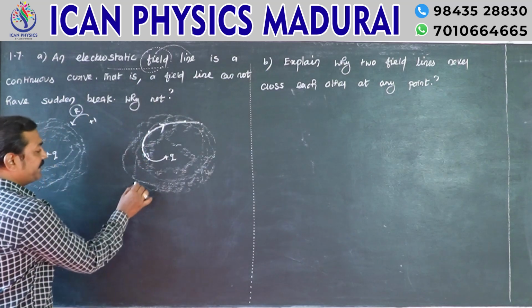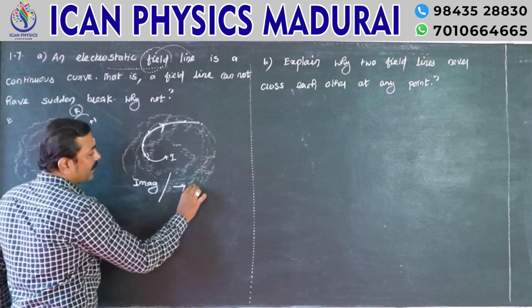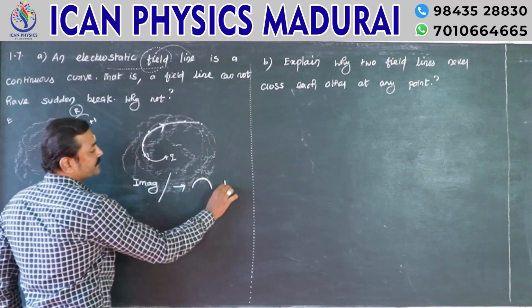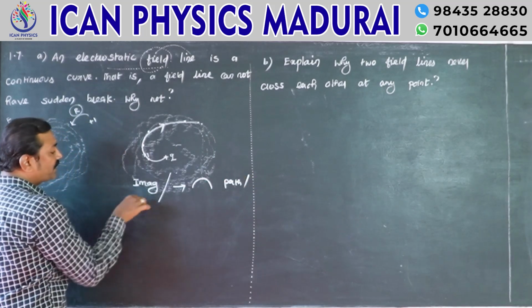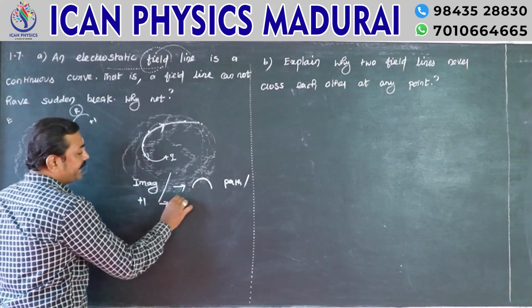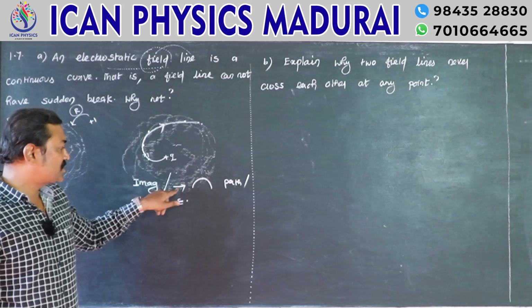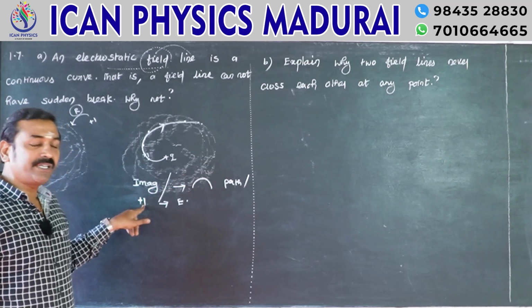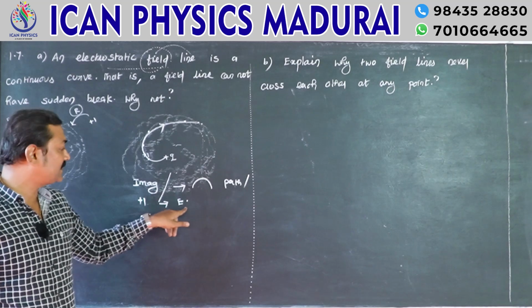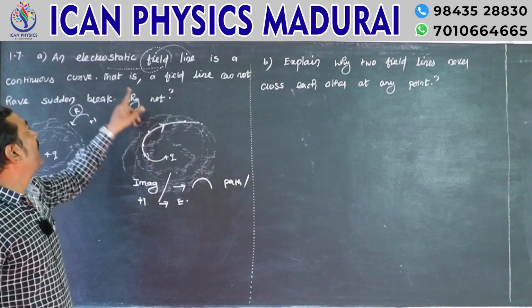The imaginary, straight or curved path traced by the unit positive charge in an external electric field is known as electric field line.